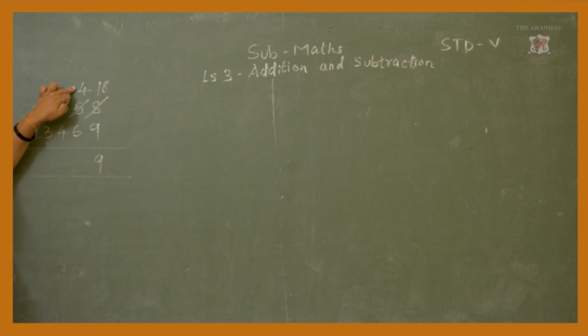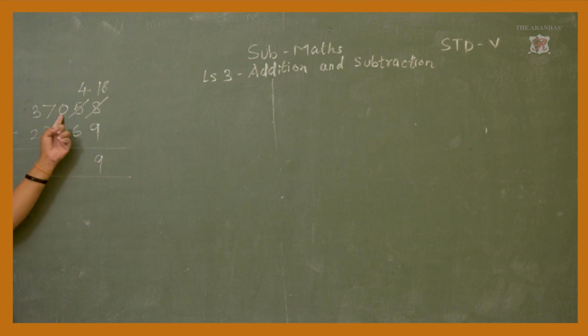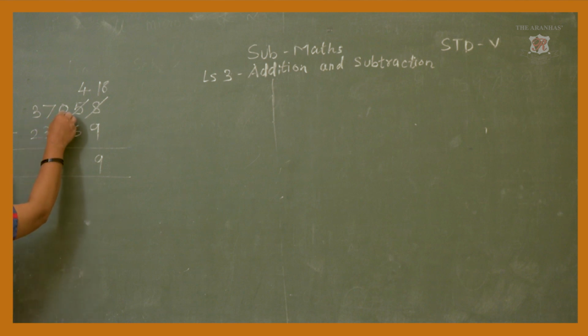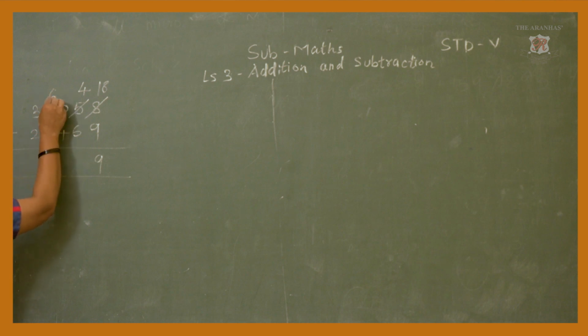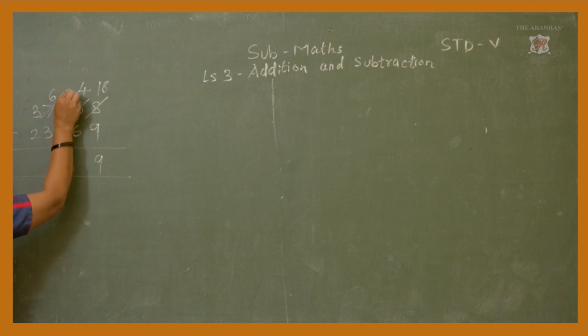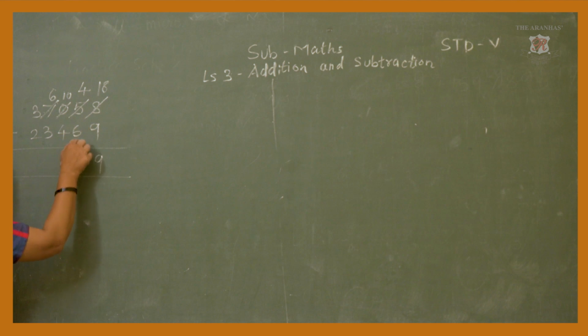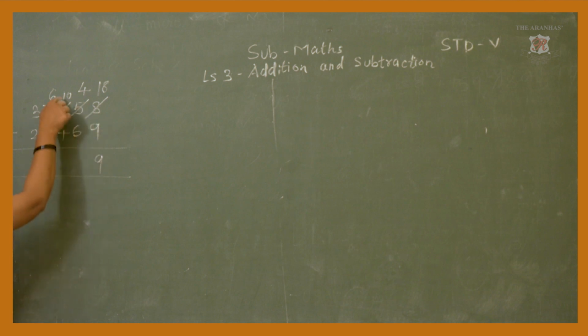So again we have to borrow from the 100s place, but in the 100s place it is already 0. So first we have to take from the further number. Here we cut 7 and write 6, and then here we get the number 10. But to do the subtraction of the 10s place number, we have to cut one more and take 9 over here, and then it becomes 14.